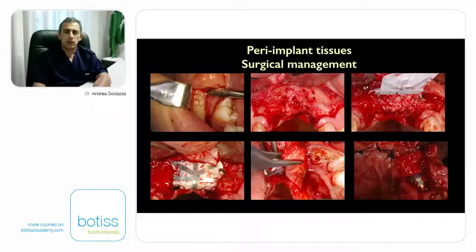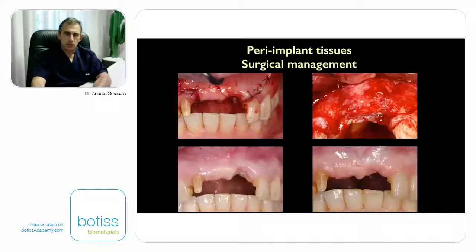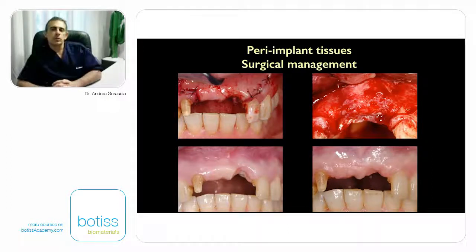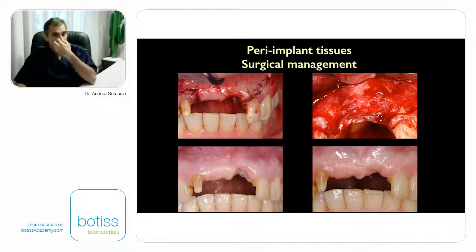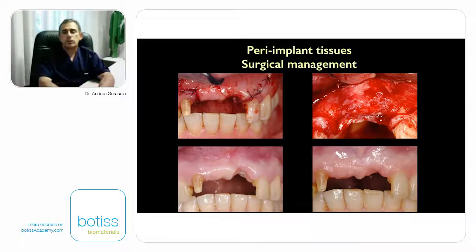I pedicled a connective tissue. For the surgical re-entry to remove the non-resorbable membrane and insert the implants, we can notice in the top right pictures the bone regeneration achieved. Just as in the two pictures, we can notice before and after the amount of mucous tissue obtained without scar tissue.